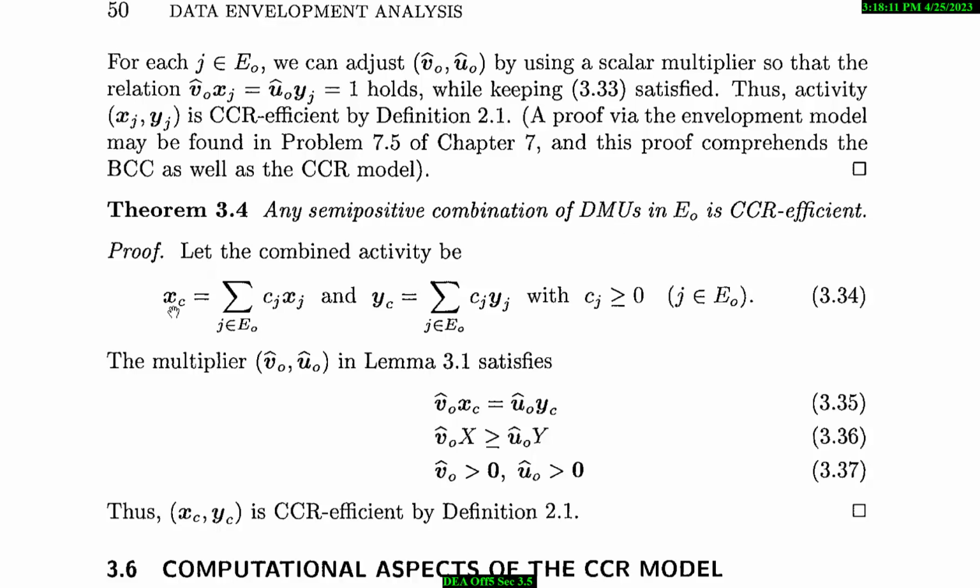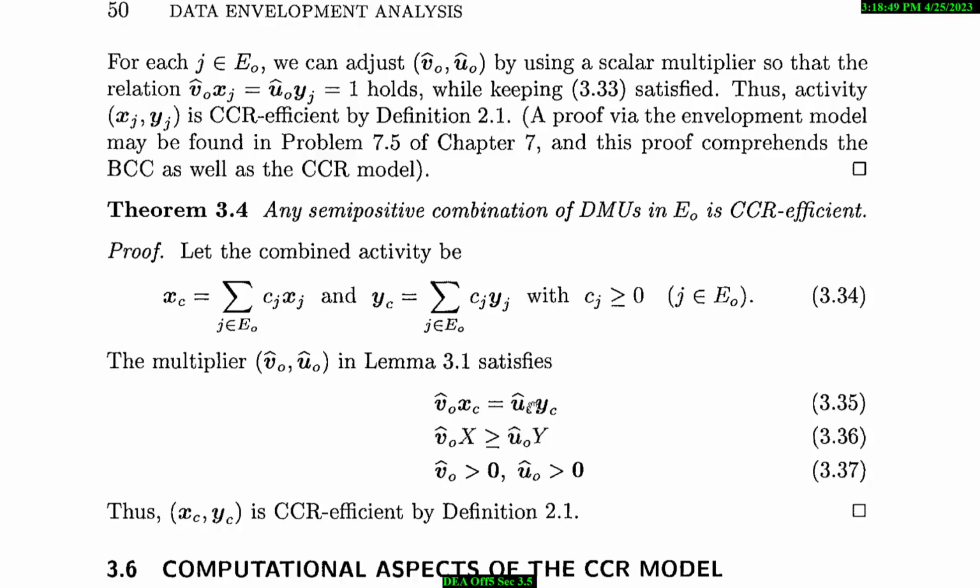To prove it, consider a semi-positive combination of DMUs as X C and Y C, where the lambda J's are greater than or equal to 0. By using the multiplier of lemma 3.1, we have these relations, and similar to the previous theorem, we can prove that the DMU C is efficient.